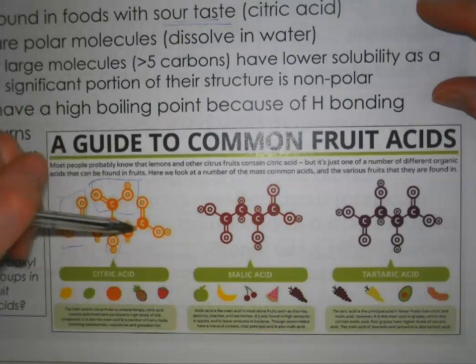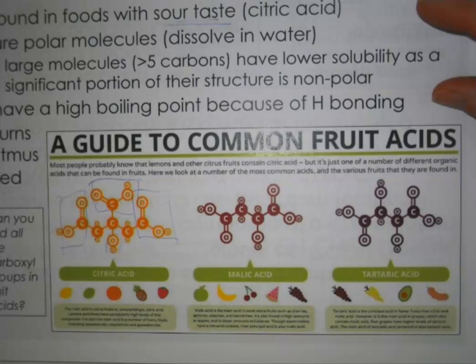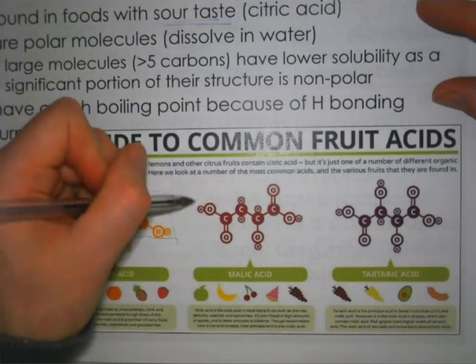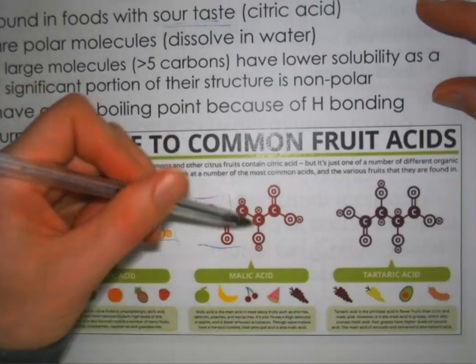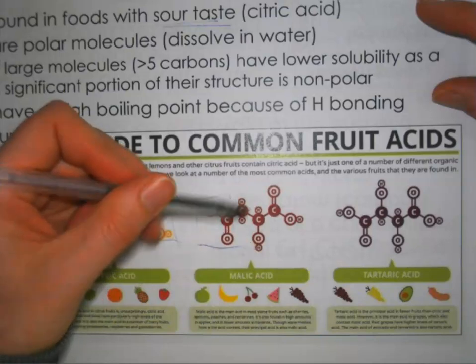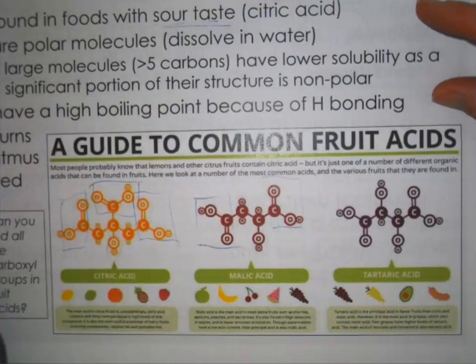And same thing over here. We have a carbon double bonded oxygen and a hydroxyl group. In this one here, this carbon has a double bonded oxygen and a hydroxyl group, so that makes it a carboxyl group. Over here, again, we see this is an alcohol group because there's no double bonded oxygen, just the hydroxyl. But here, again, we have a carboxyl group.